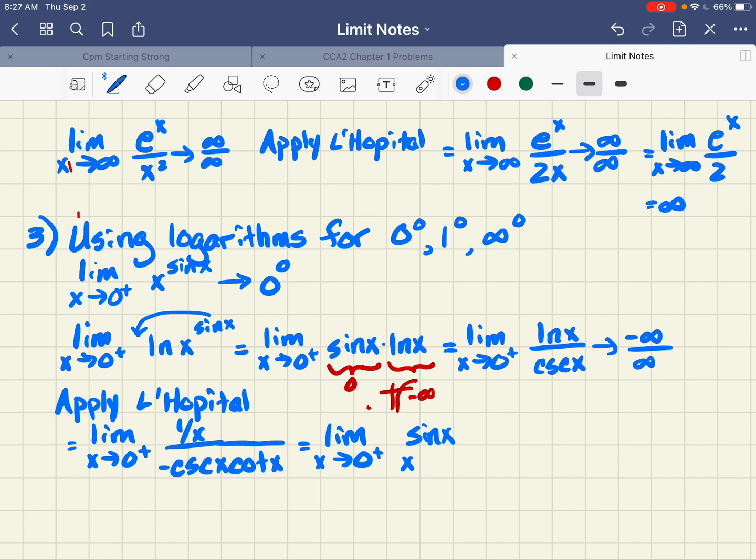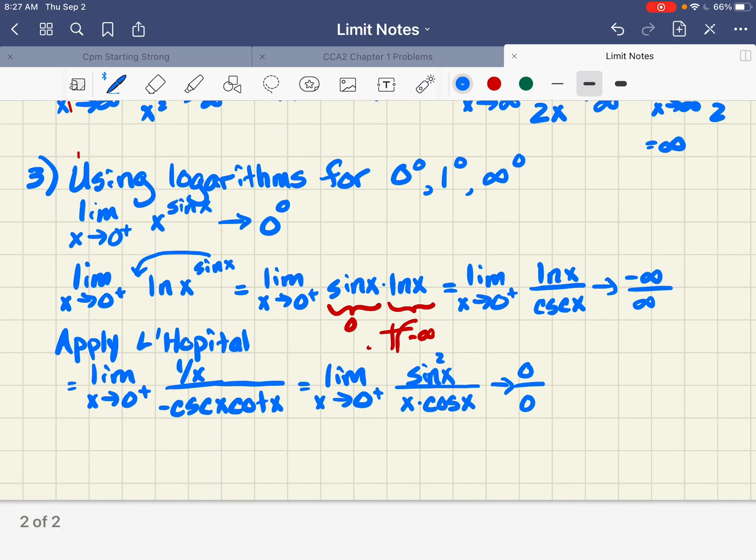And cotangent is cosine over sine, so I could put a cosine on the bottom and a sine on the top. I'm doing that just to think about what's going on. So if I rewrite this, then the cosine of 0 is 1. So this is going to go to 0 in the denominator and 0 in the numerator. But I think I can apply L'Hopital's rule again.